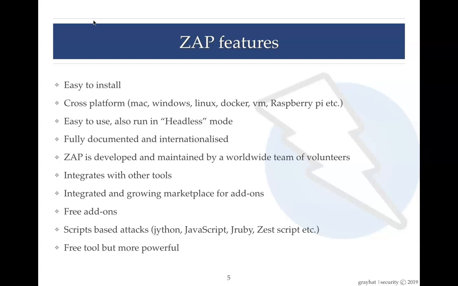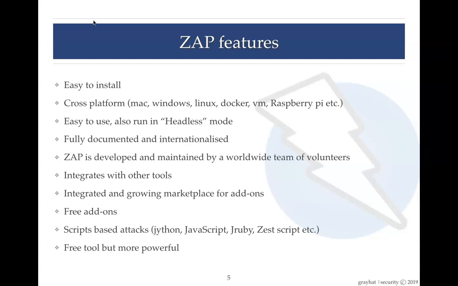So this is more powerful. You can even transfer every request and every response that ZAP has gathered to the Burp tool as well. So this is how we can integrate with other tools and take advantage of them, along with the ZAP features and ZAP powers.